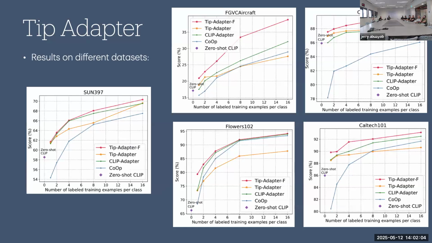And of course, we see similar performance on all of those datasets that they use in the CLIP linear probe and CLIP adapter, and it improves upon all of them. It doesn't lose at all. I think I went 2 or 3 minutes over.